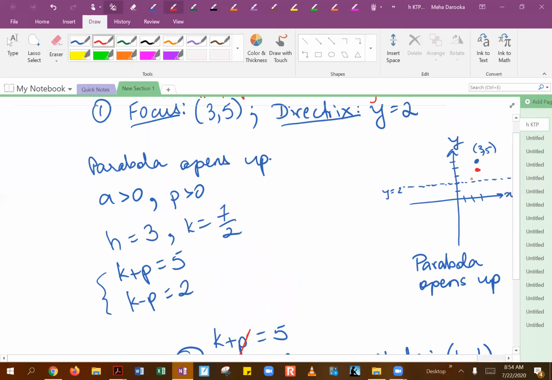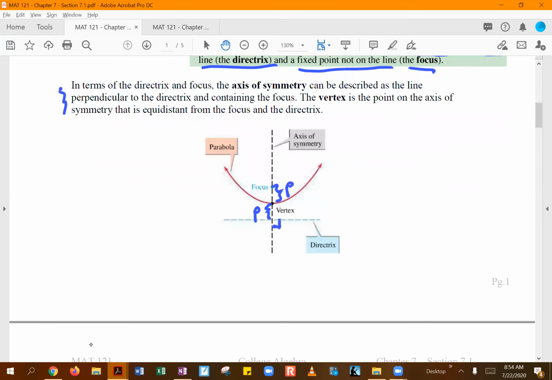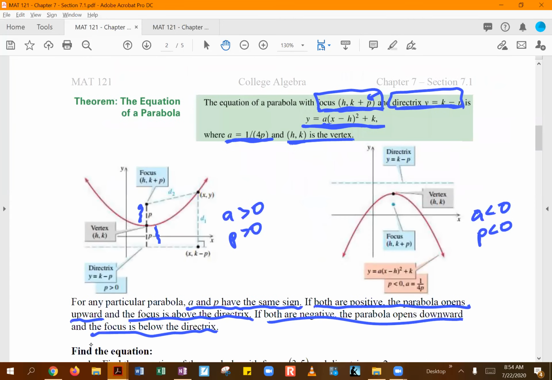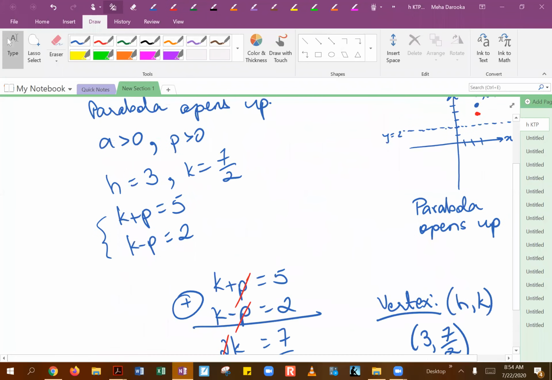That's right halfway between the focus and the directrix, because if the distance between the focus and the vertex and the directrix is the same, then halfway between them is where you should have your vertex. If you remember that, it would help you in your calculations.